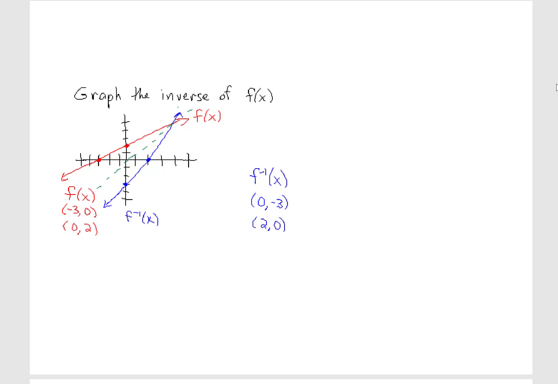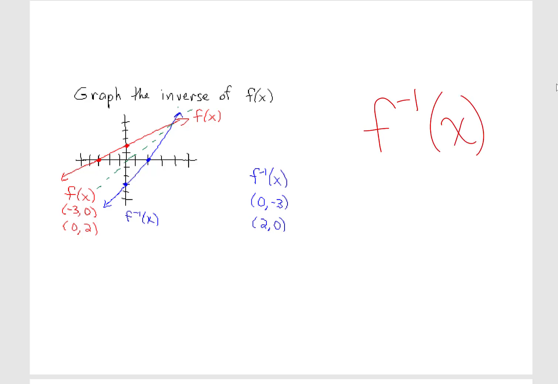So when we go to graph the inverse of a function, we literally are just switching the x and the y. So notice that the original function f of x has the 2 ordered pairs -3, 0, and also 0, 2. So for the inverse, let's talk about that notation a little bit. This looks like f to the -1st power of x.